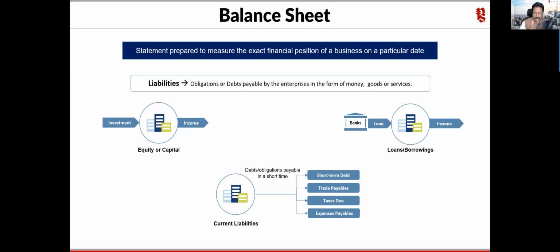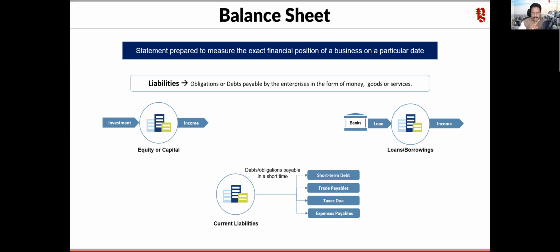So what does the order of liquidity mean? The faster liquid liabilities are reported at the bottom of the liability side of the balance sheet, and the longer-term liabilities are reported at the top of your balance sheet. For anybody looking at the balance sheet, the most concerned part is the current liability, right?